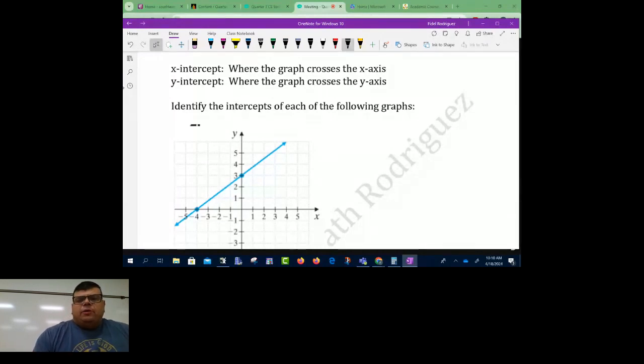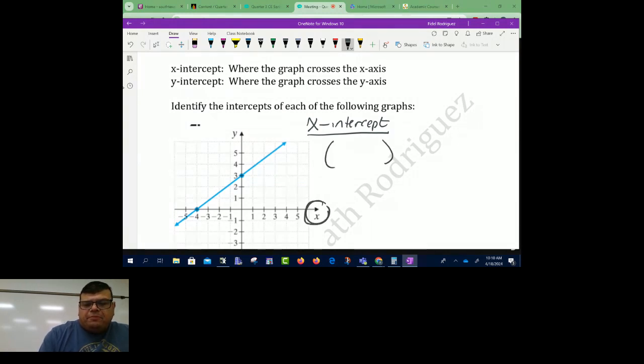Okay, so y'all, when we're talking about intercepts, we have two types. The first one is the x-intercept. The x-intercept is a point along the x-axis. So here's my x-axis, and I am looking for this point right there.